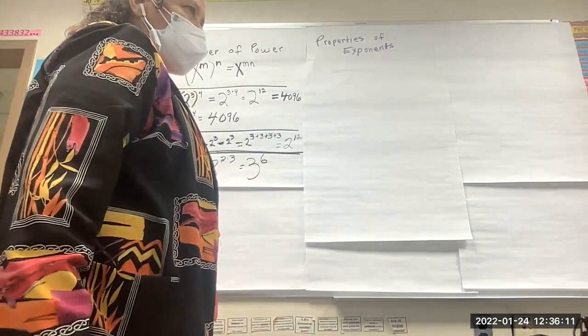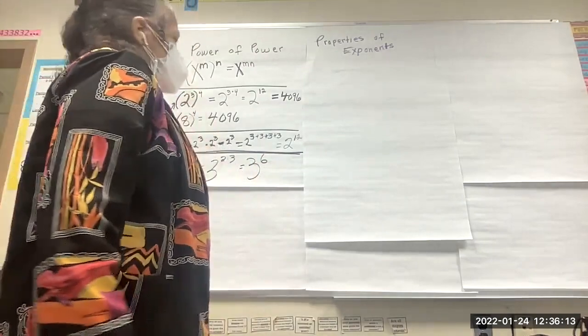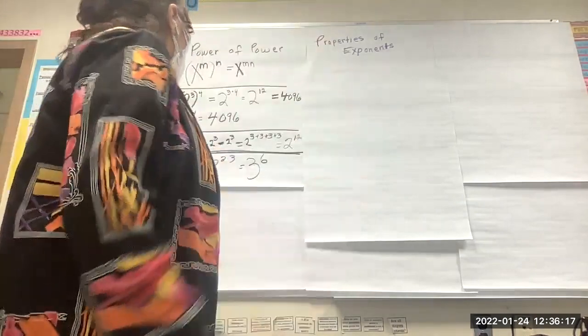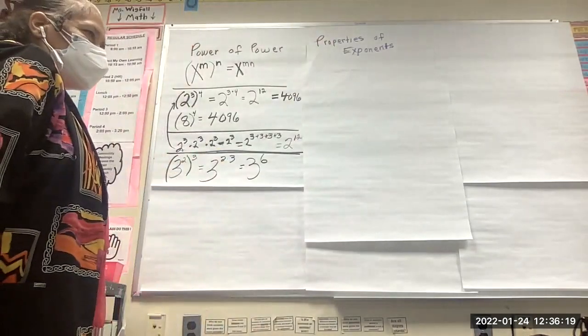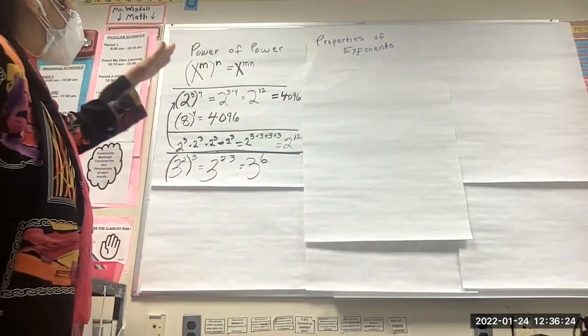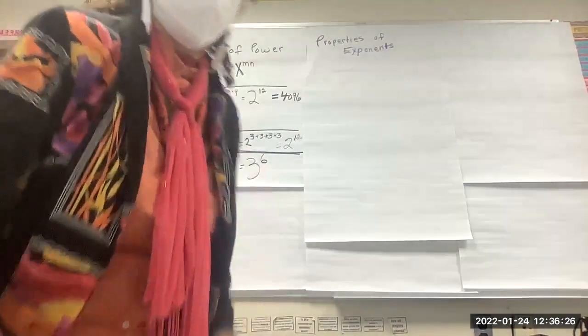And then we multiply 3 times 3 times 3 times 3 times 3 times 3 and get the answer. Okay, so all problems can be done different ways, but I'm trying to show you a particular rule here. So let's see how that is.